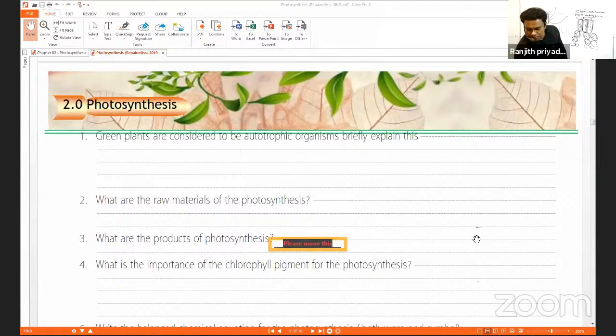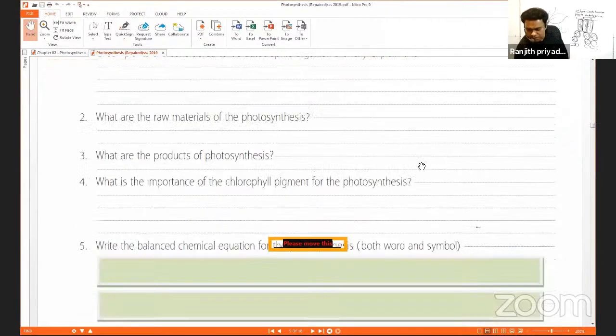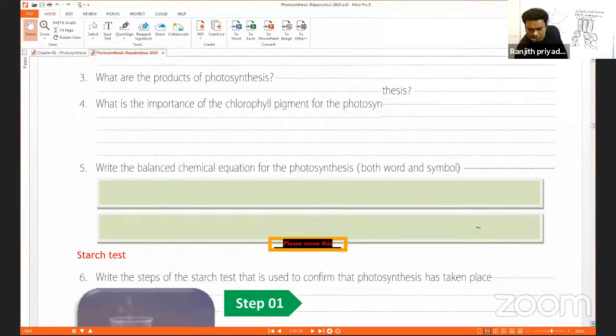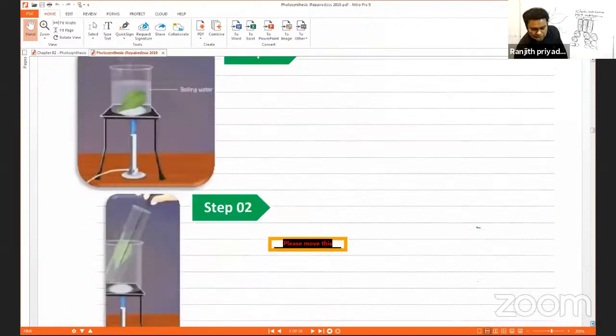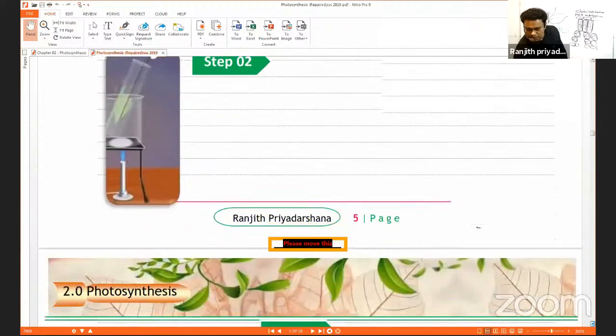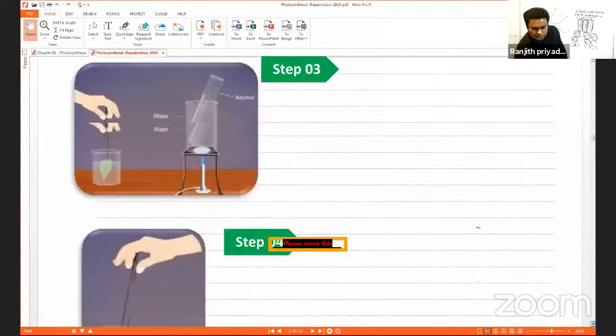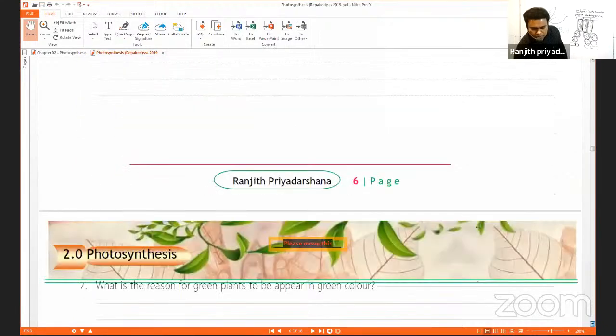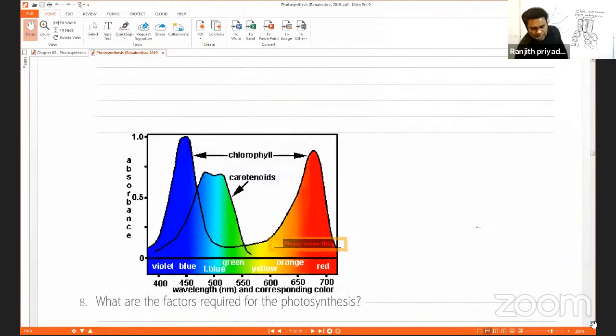Look at this. You can see several experiments. Yes, there's that graph. You can see the performance or absorbance of energy.